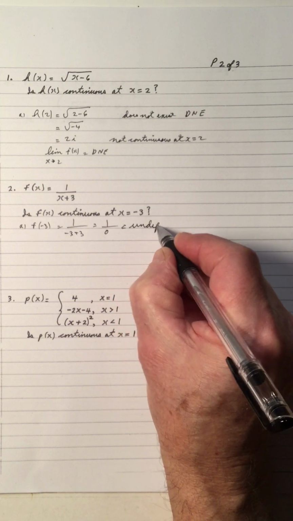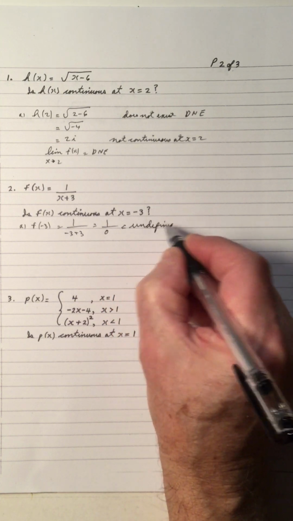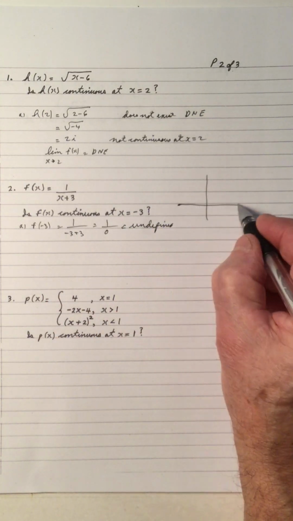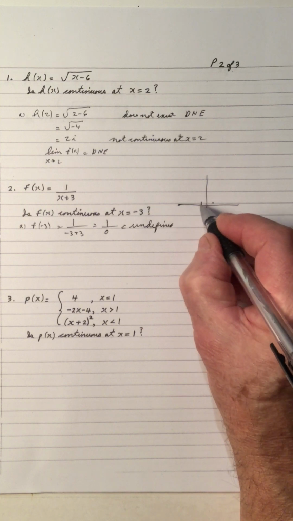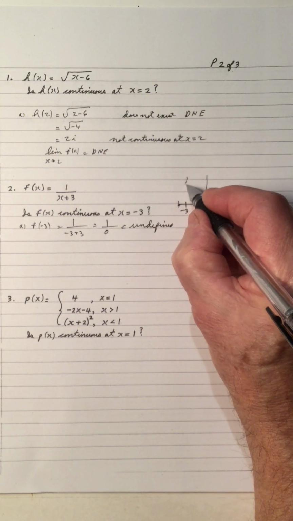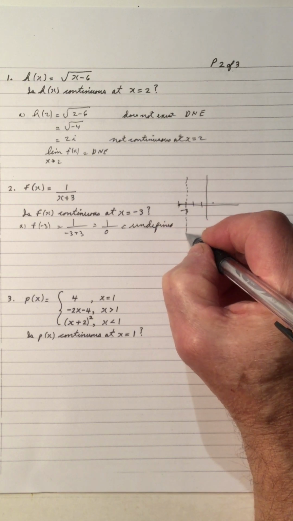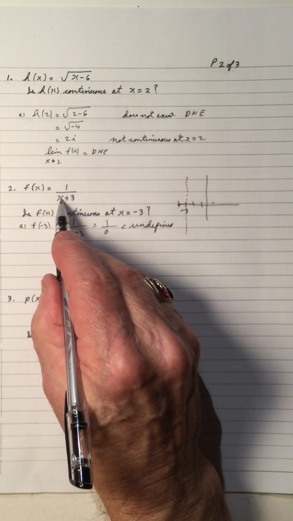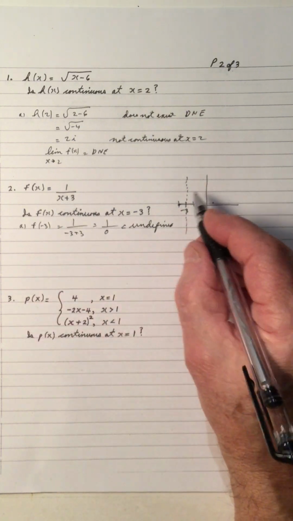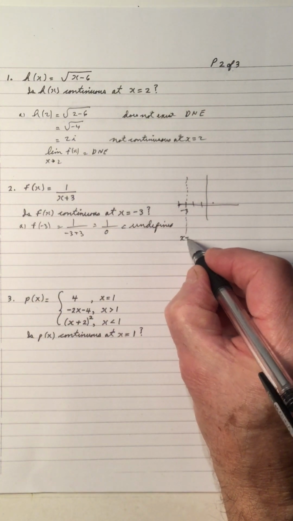And 1 over 0 means it's undefined. It's not defined. So if you think about your graph, at x equals negative 3, which is right here, it's a vertical asymptote. You can't have negative 3 in this rational function, because there's a vertical asymptote at x equals negative 3.